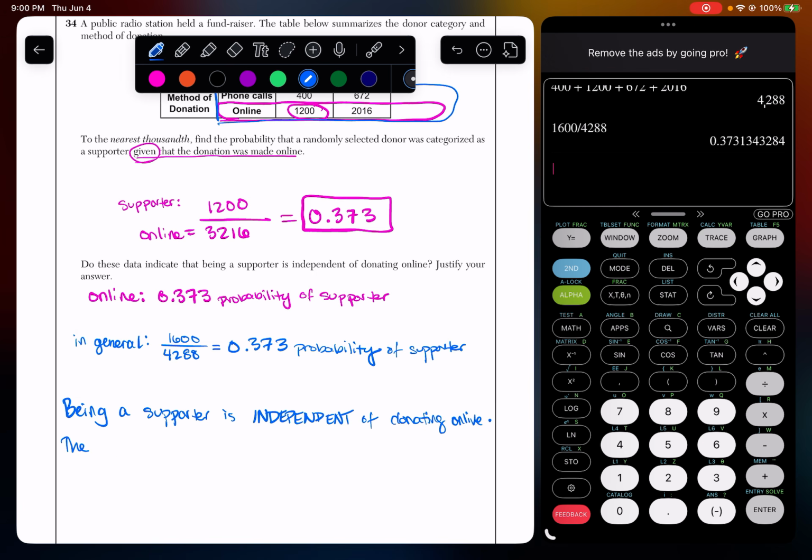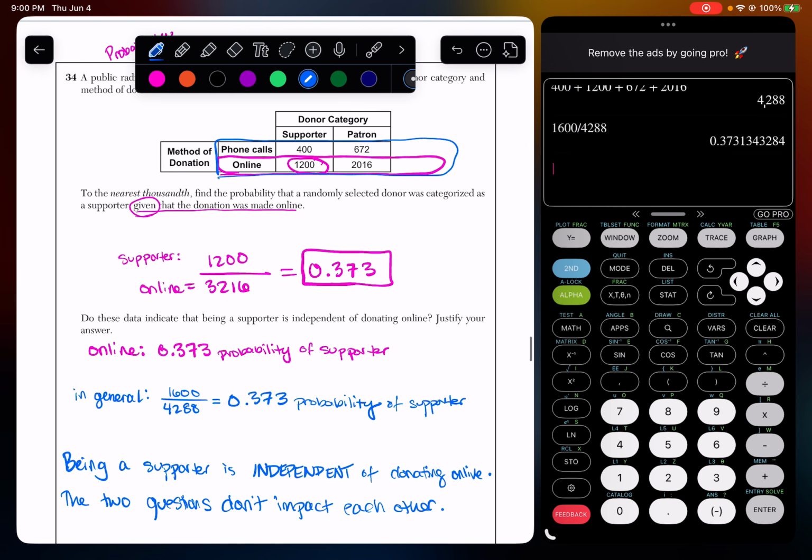The two questions don't impact each other. If the probability is the same either way, then these two things are independent. If it is different, then the two things are dependent. And that is conditional probability.